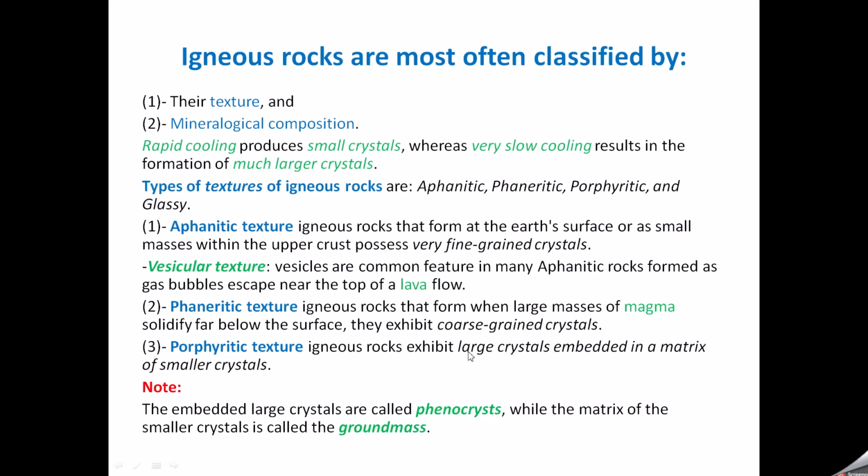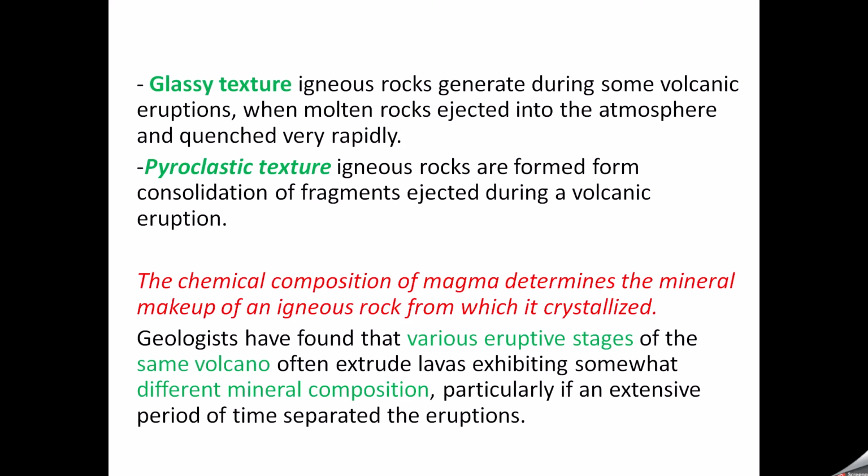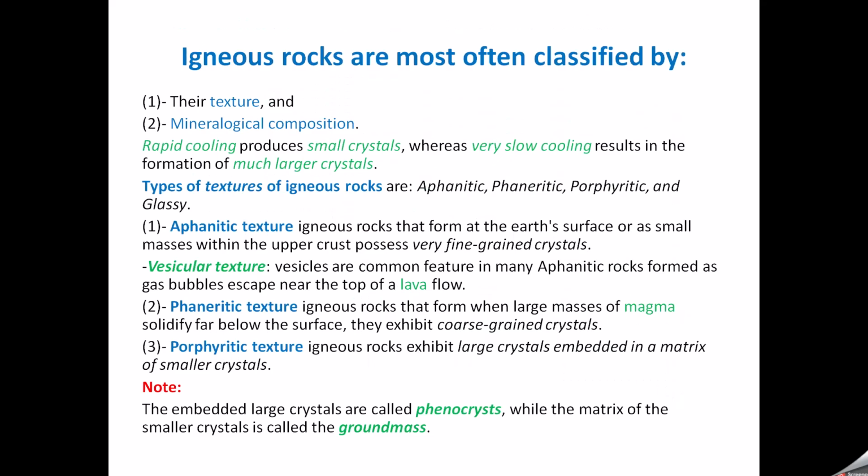Porphyritic texture: igneous rocks exhibit large crystals embedded in a matrix of smaller crystals. And this is an example of the porphyritic texture. Very fine crystals, we call them groundmass, and phenocrysts, the large crystals embedded in the matrix of small crystals.